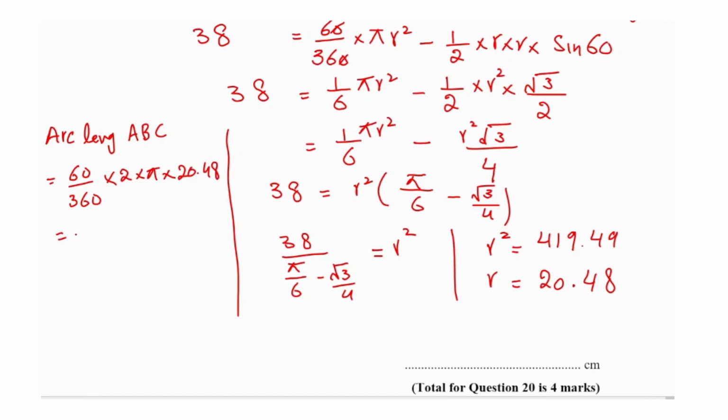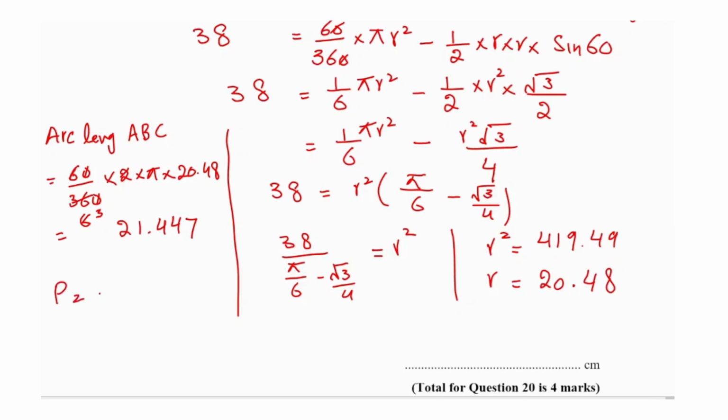Let's use the calculator quickly. This one and this one cancel out. 6 goes into 6 one time, and 2 goes into 6 three times. So we get pi over 3. Then times 20.48. So we will get 21.447. Okay, so this is the arc length, and the other side is the radius.